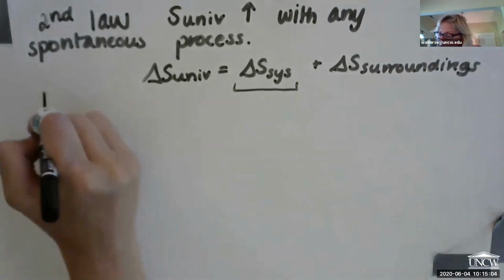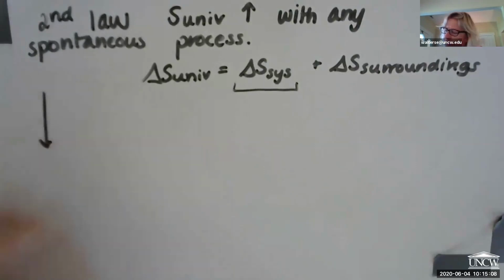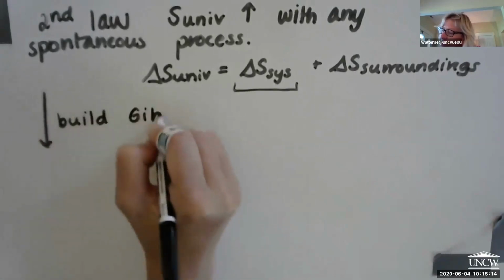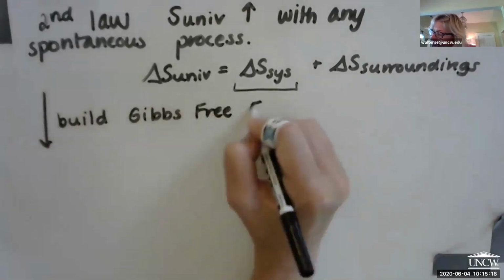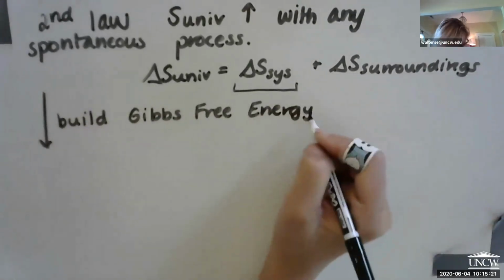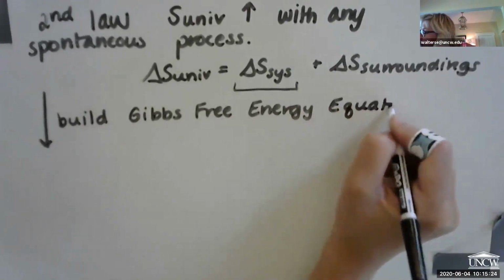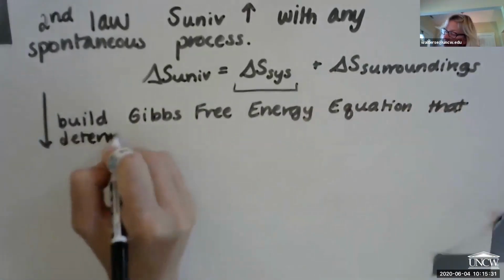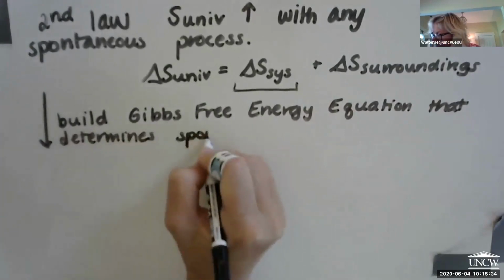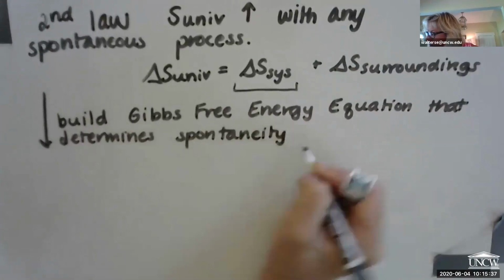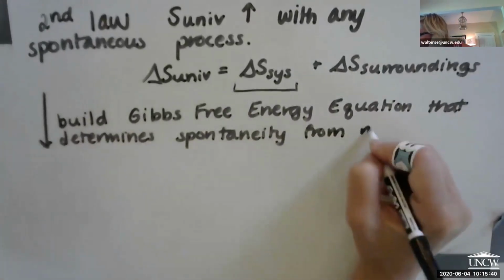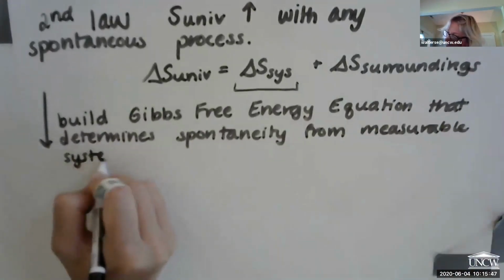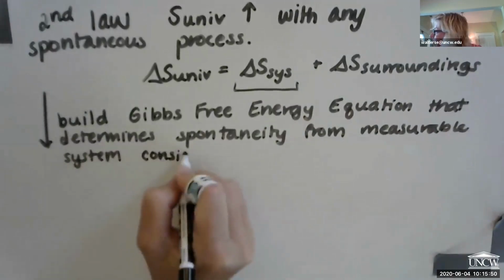So what we do, and we're just going to go straight to that equation, is that we build a Gibbs free energy equation that determines spontaneity from measurable system considerations.